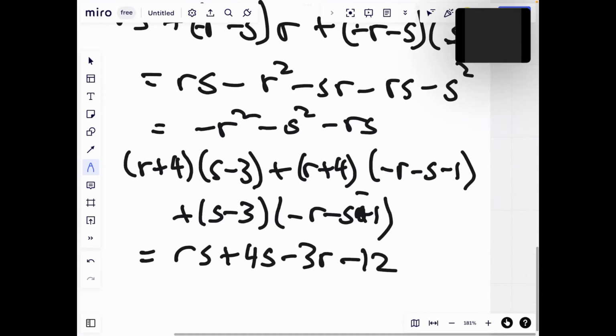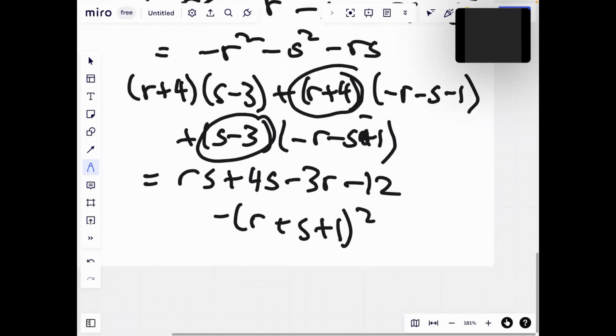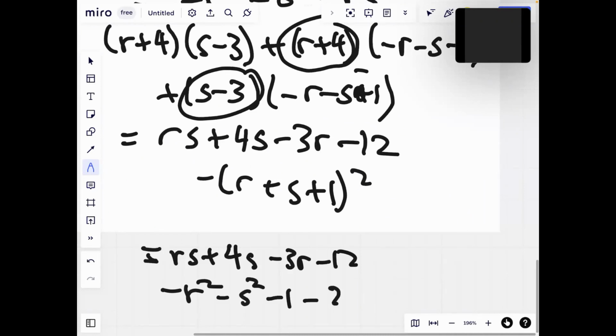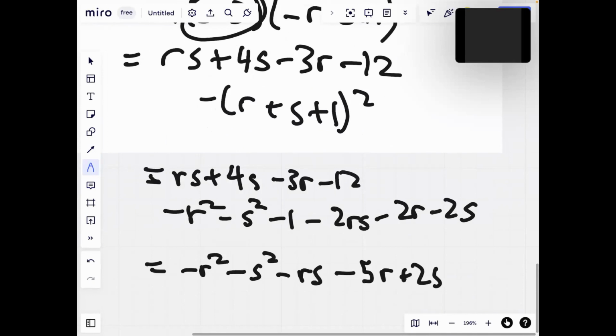Then the remaining part is R plus 4 and S minus 3 combined to R plus S plus 1, so we're essentially subtracting R plus S plus 1 squared. This is equal to RS plus 4S minus 3R minus 12 minus R squared minus S squared minus 1 minus 2RS minus 2R minus 2S, which is equal to minus R squared minus S squared minus RS minus 5R plus 2S minus 13.